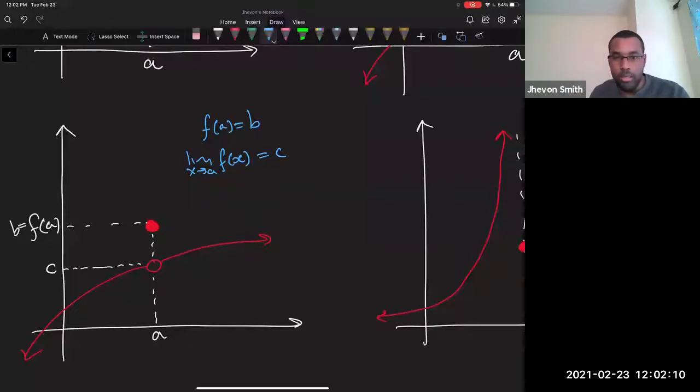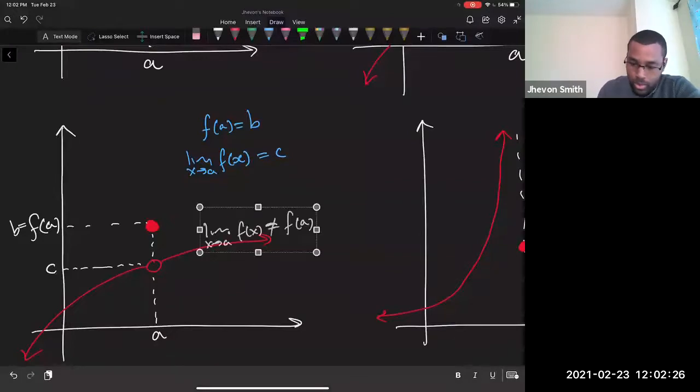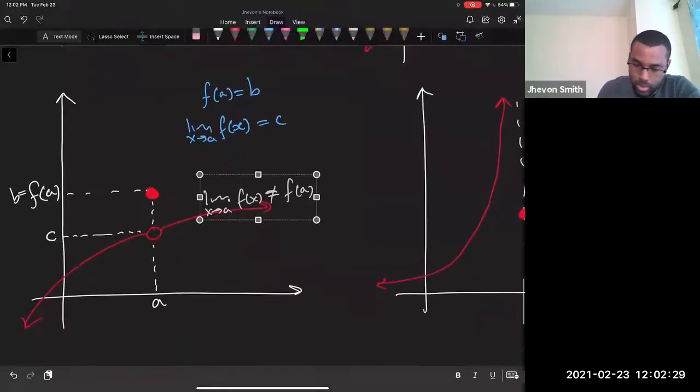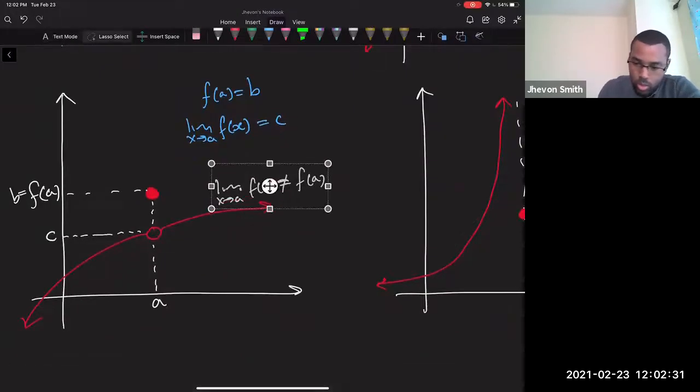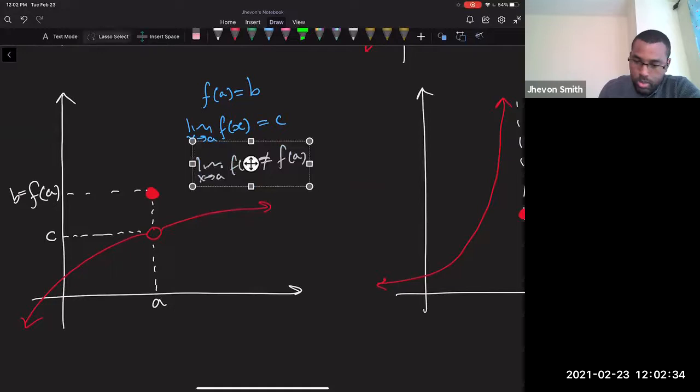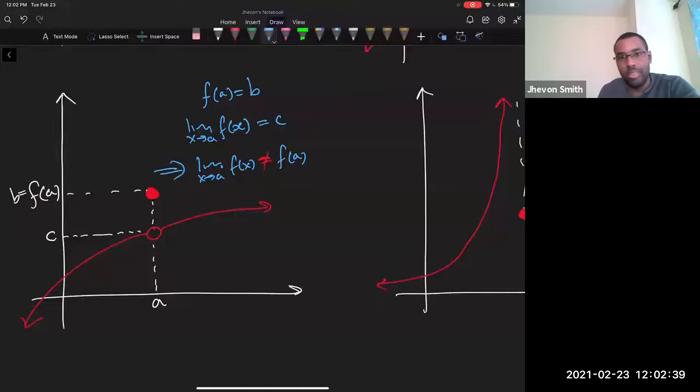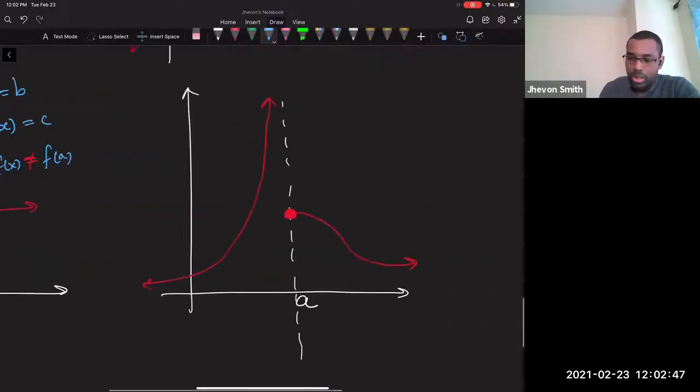I can plug in into the function and I can take the limit and I can get a meaningful answer. But guess what? B and C aren't the same answer, are they? Right? So once again, I end up in a situation where this equation is not satisfied, right? Even though everyone works individually, they didn't agree, they didn't match up.